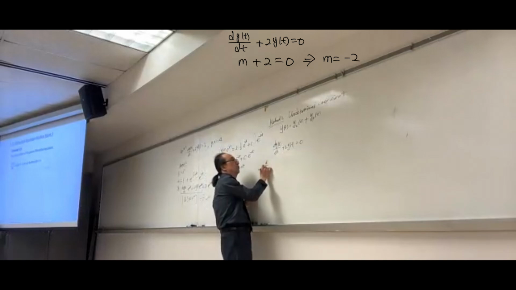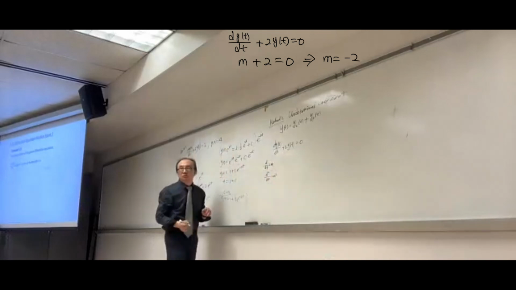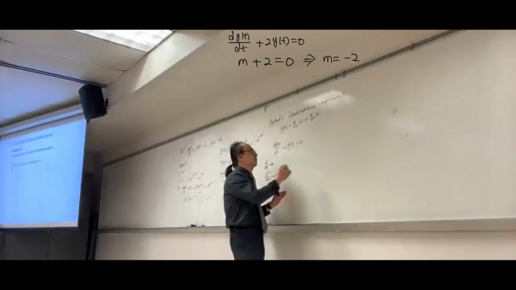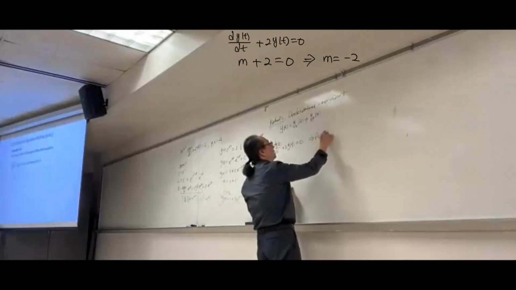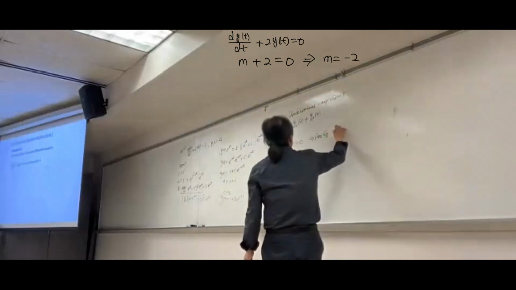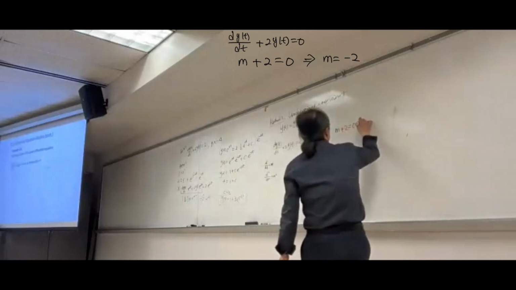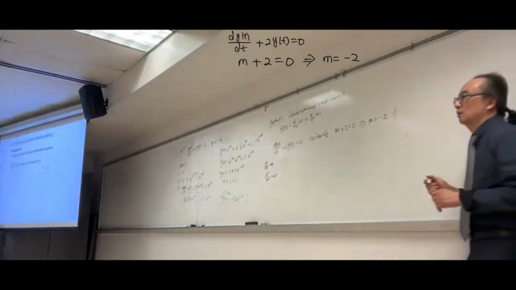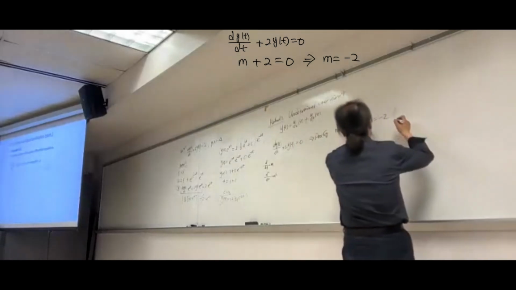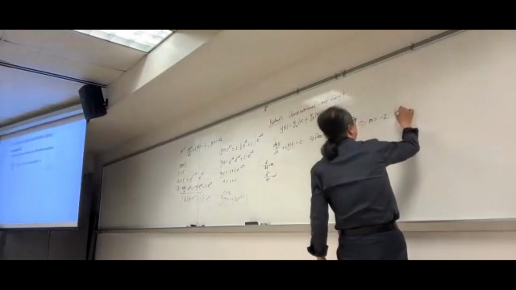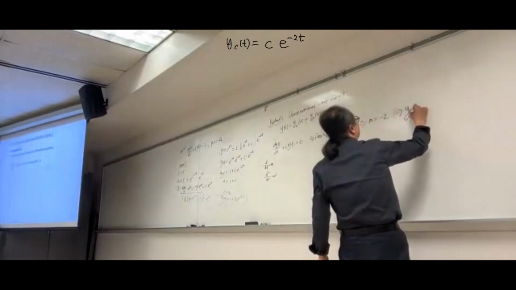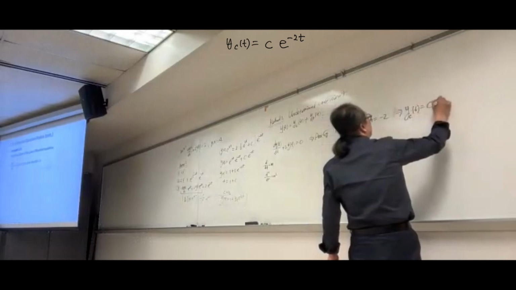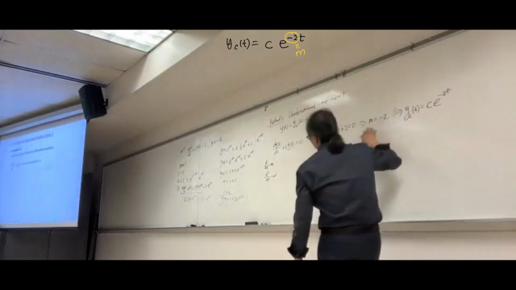We're going to treat d over dt as m, d squared over dt squared as m squared, and so on, to find our auxiliary equation. It's going to be m plus 2 equals 0. From there, m equals negative 2. With m equals negative 2, we can find yc of t equals c e to the negative 2t, whatever the m value.